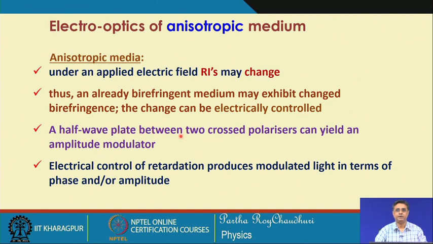Therefore, a half wave plate between two crossed polarizers can yield an amplitude modulator. This fact we have seen with all the details of the mechanism.